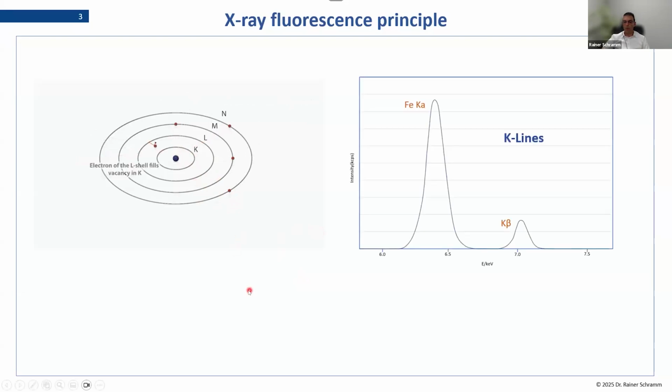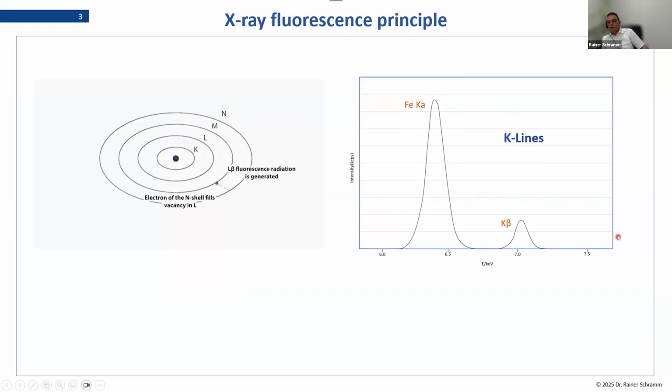And what we normally see then in our software is a kind of spectrum, a spectrum in a way that you have lines which are then formed like a peak. And in this example, we have an iron K alpha and iron K beta line. And you see here how this will be presented.